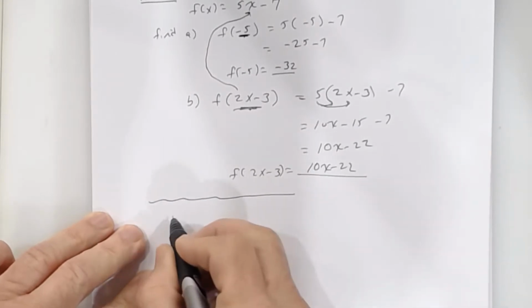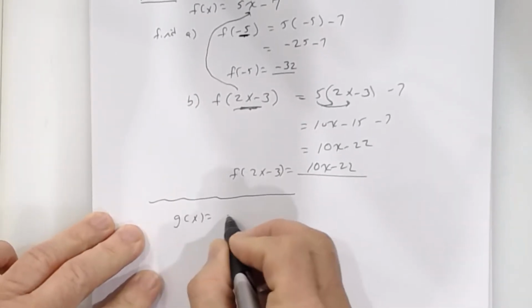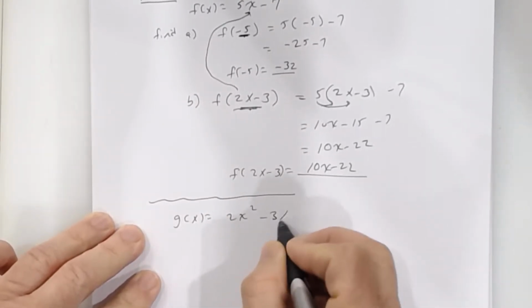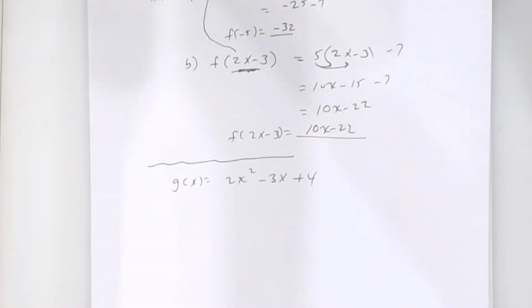All right, well, now let's suppose this. Let's suppose we had g of x equal 2x squared minus 3x plus 4. This time it's quadratic. F of x was what kind of function that we just did? Linear. This time it's quadratic.